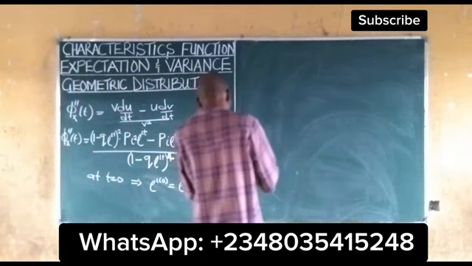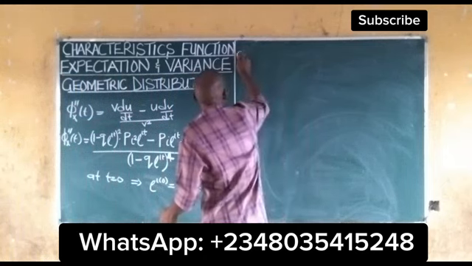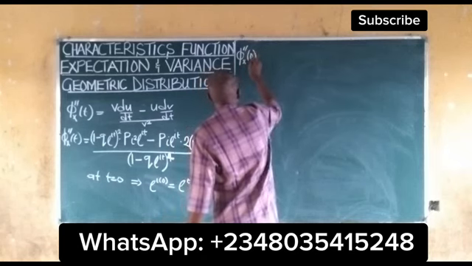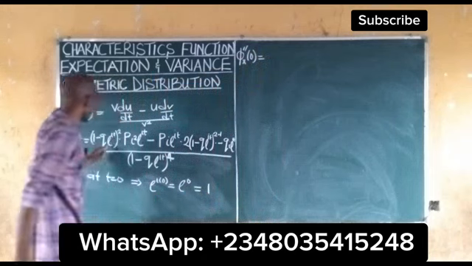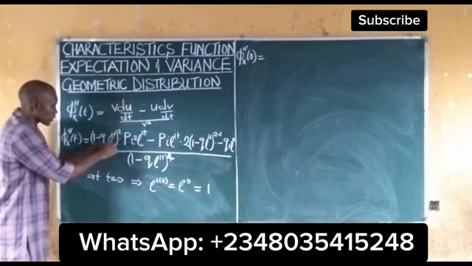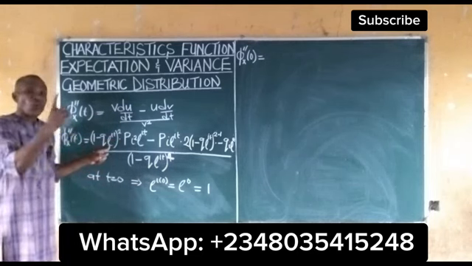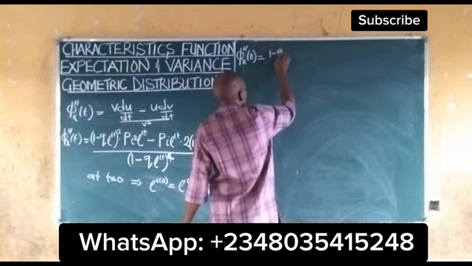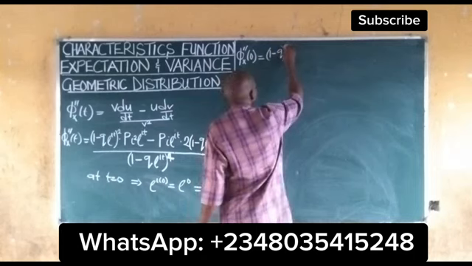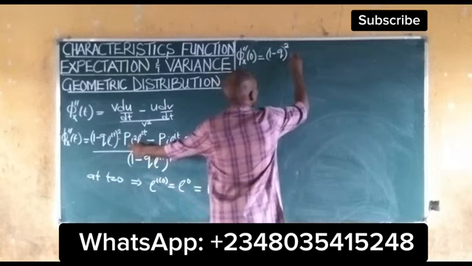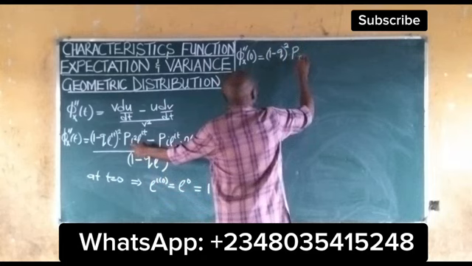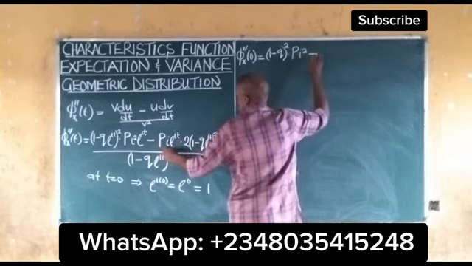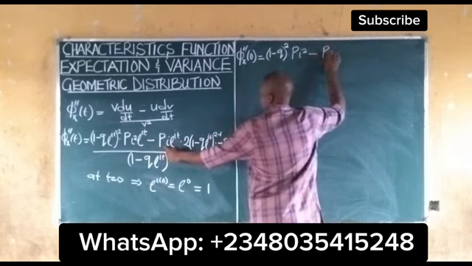So what we do here is that we write the characteristic function at t is equal to 0. At t is equal to 0, anywhere we see exponential i t, it becomes 1. So we have 1 minus q multiplied by p i squared. This becomes 1 minus p i.